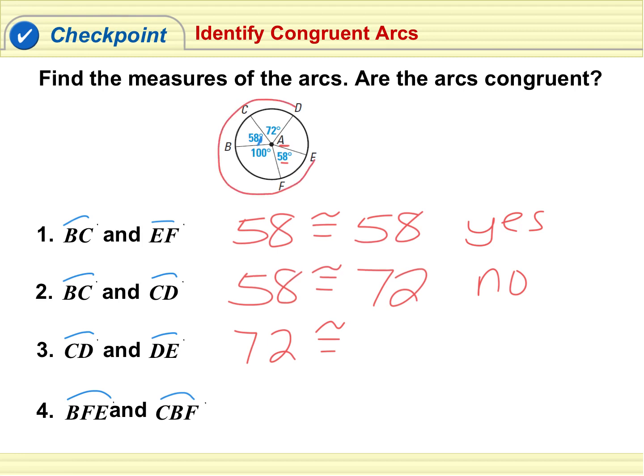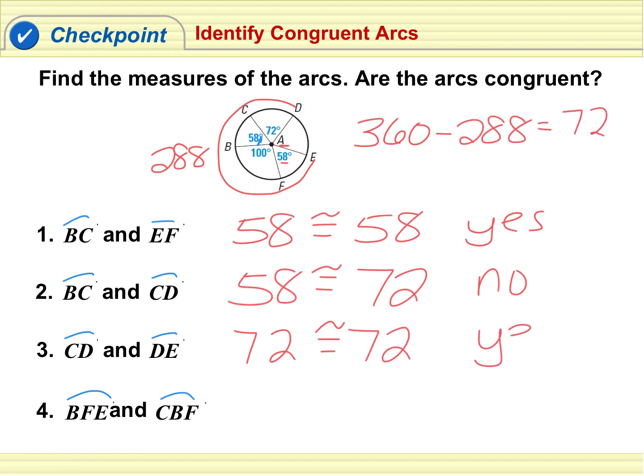Okay, so we would add all these up, and then what? Minus. Yep, so this gives me 288. To find DE, I'm going to take 360 minus 288, which gives me 72. So are these two congruent? Yes. All right.